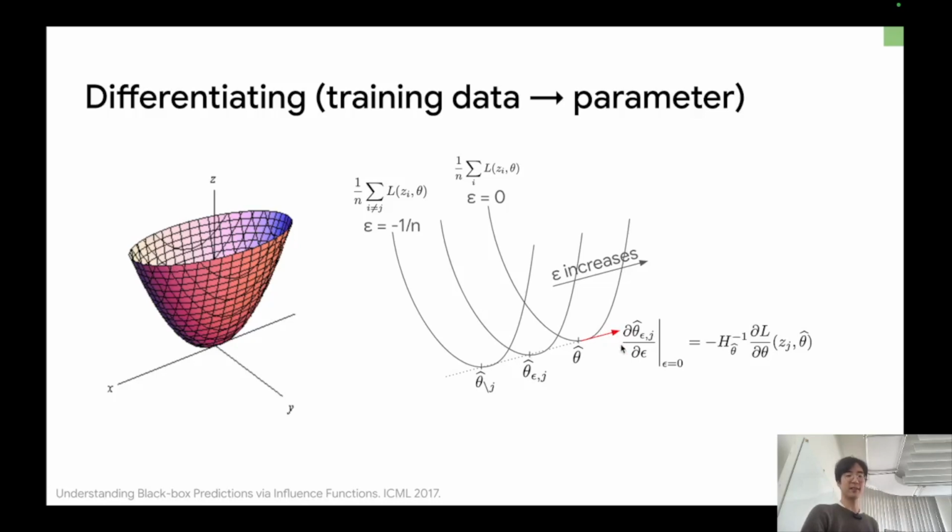And the lemma is basically telling you that this vector can be expressed as a slight modification of the parameter gradient, where the parameter gradient is pointing to the direction in the weight space where you're going to see the greatest change in individual loss value for Zj.